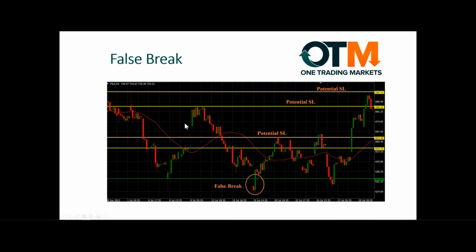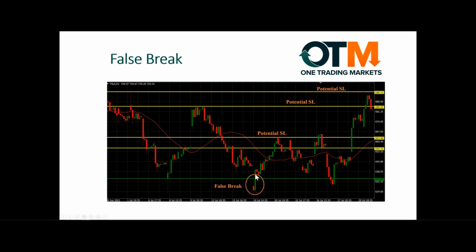For example, Tesla shares. You can see here there was a huge support at the area of 633. We saw the market broke this price with a gap in 1 hour. The next hour, the market went up and closed above the support again, so it already wiped off the effect of the break, so now it's a false break.